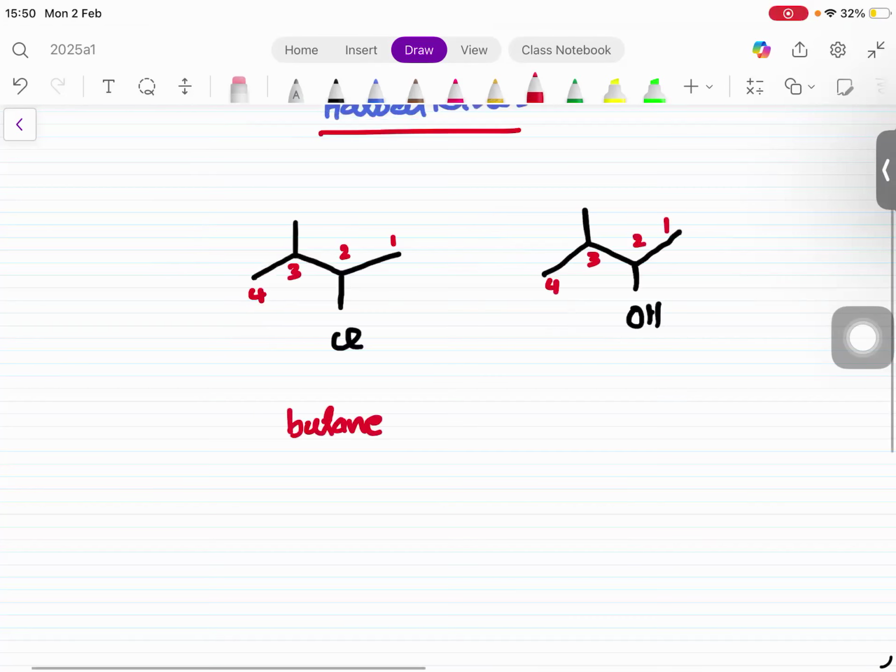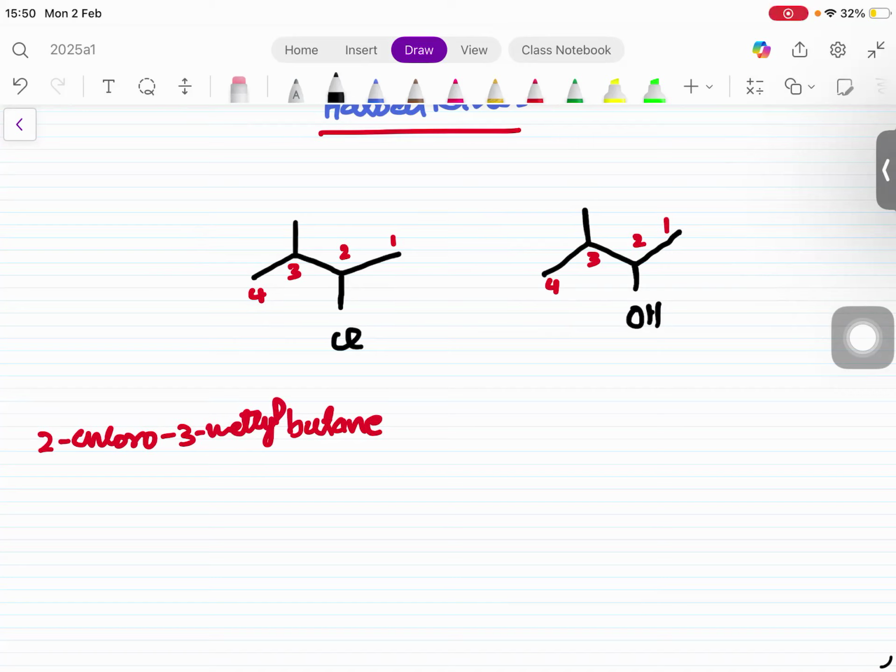Just add 2-chloro and then 3-methyl. And that becomes butane. Similarly, on this side, 3-methyl and butan-1-ol. Yes, sorry, butan-2-ol.